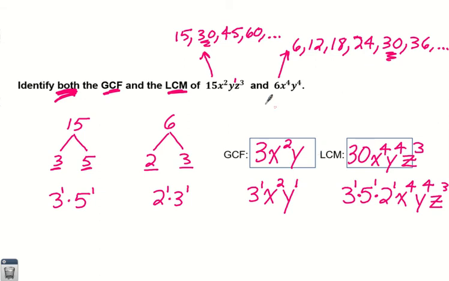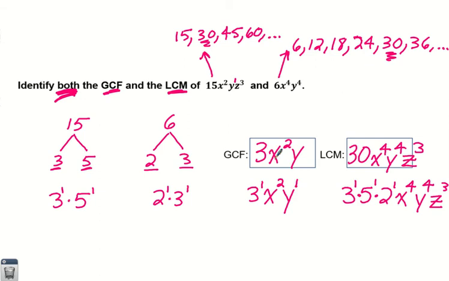Same with the LCM. You do the LCM of just the coefficient numbers and put that in your LCM, and then you do the LCM of the x's, put it in, the y's, put it in, the z's, put it in.